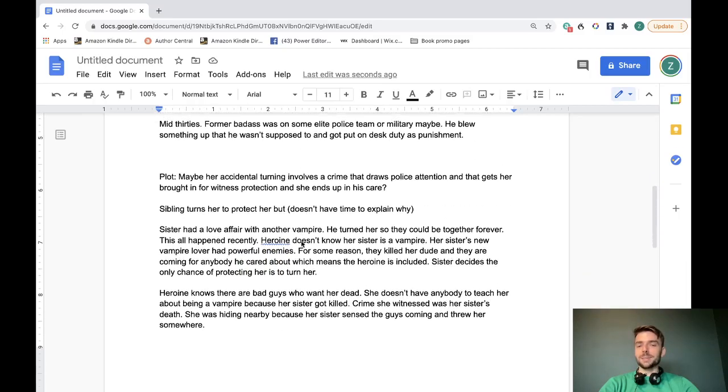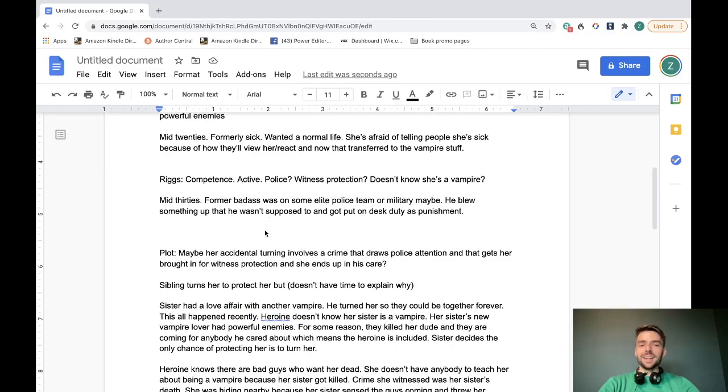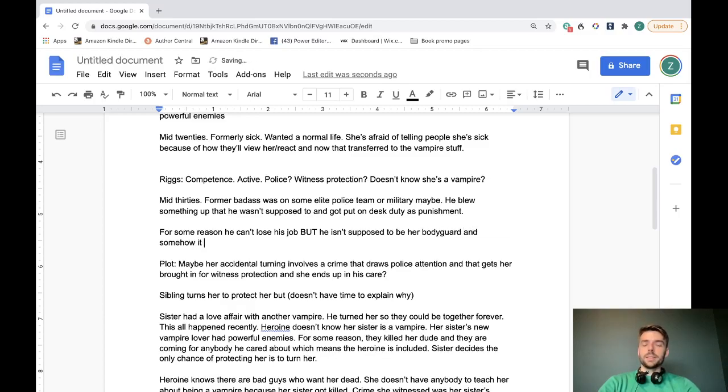Writing them down just helped me remember. So bear with me, but maybe for some reason he can't lose his job, but he isn't supposed to be her bodyguard, basically. And somehow it turns into that.